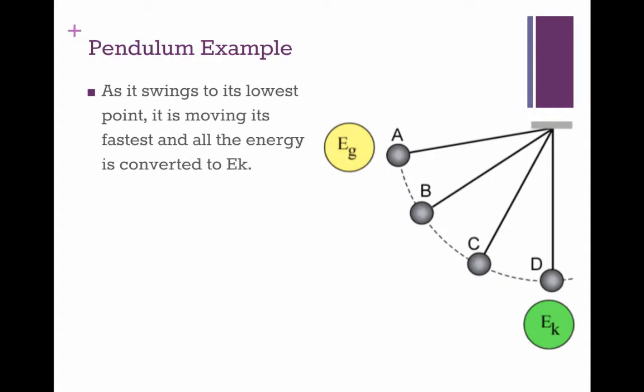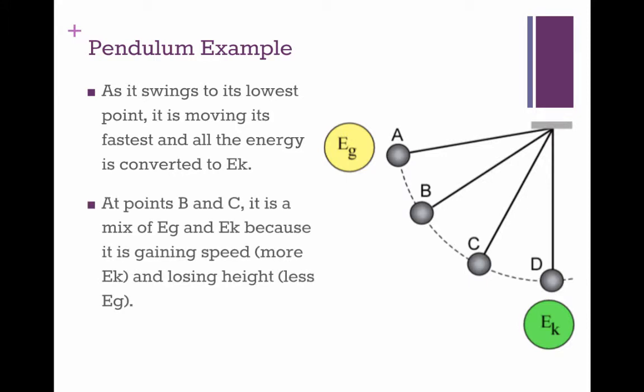As it swings to its lowest point, it's moving its fastest and all the energy is converted into EK. But at positions B and C, it's got to be a mix of EG and EK. Because it's gaining speed, that means more EK, and it's losing height, that means less EG.